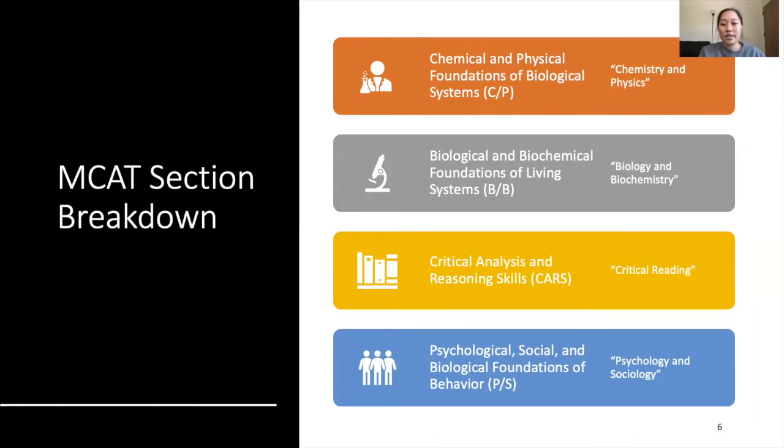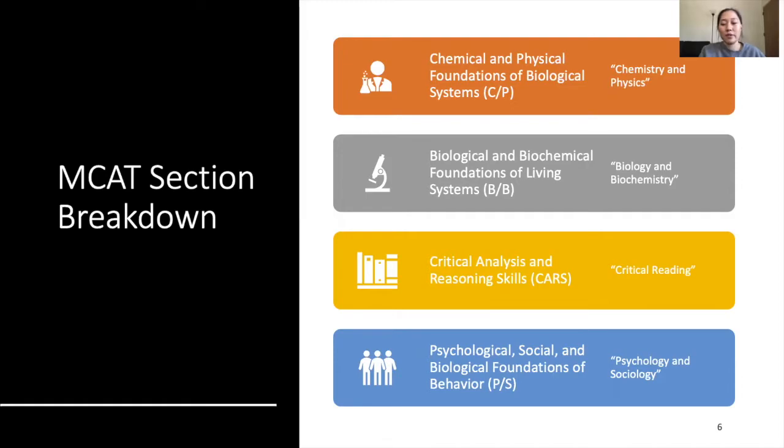Next is BB. As the name suggests, it mainly tests biology and biochemistry. Many of you may think, since the majority of pre-med students major in biology, this section is probably the easiest out of all. But I'd like to mention that the relative difficulty and the level of knowledge you need for this section is a lot higher than the other sections, I think.